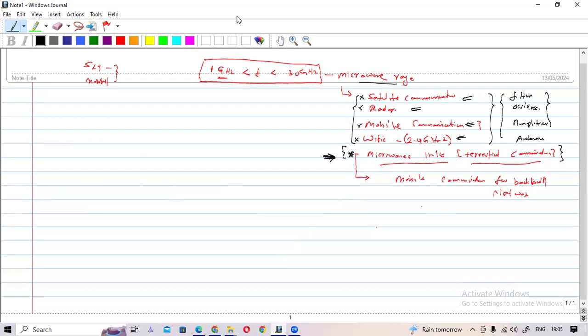Then we have started our discussion from transmission line. Transmission line means the medium we use to communicate.